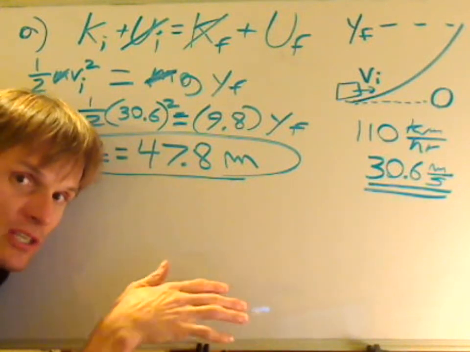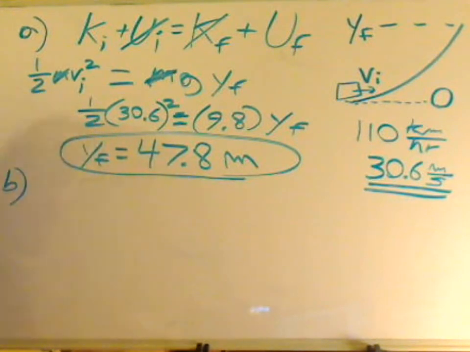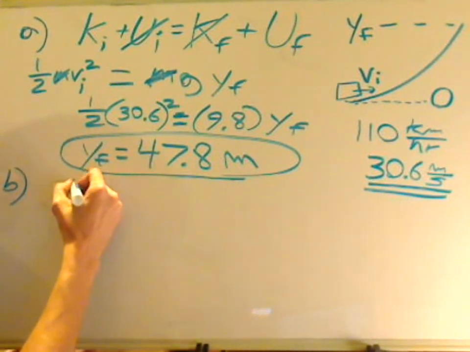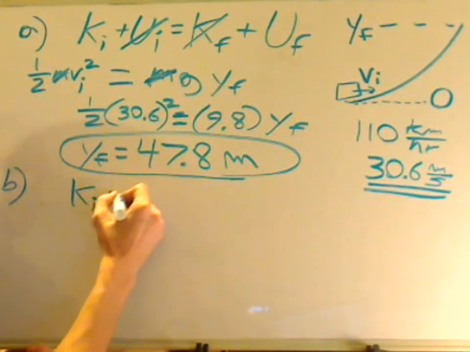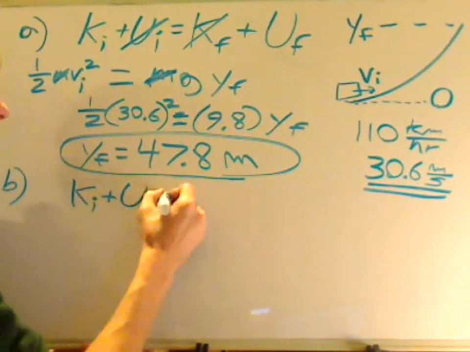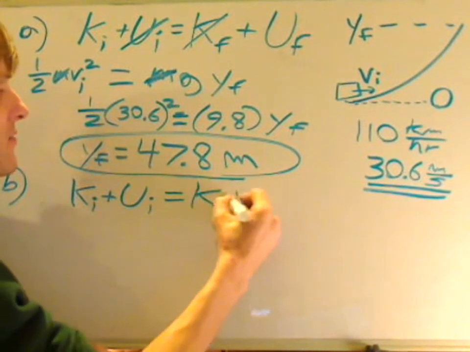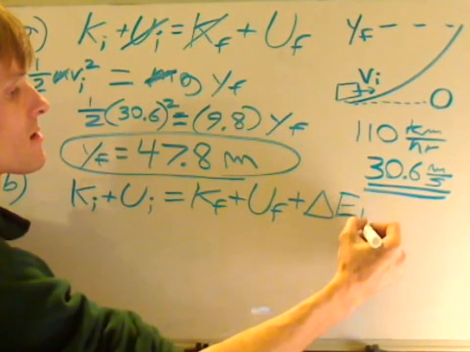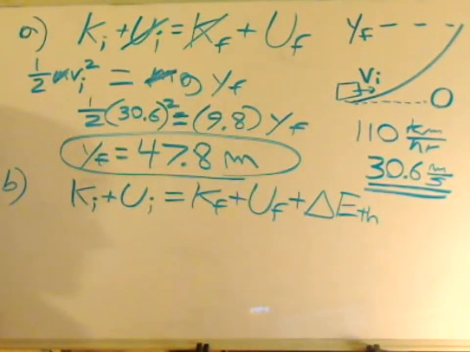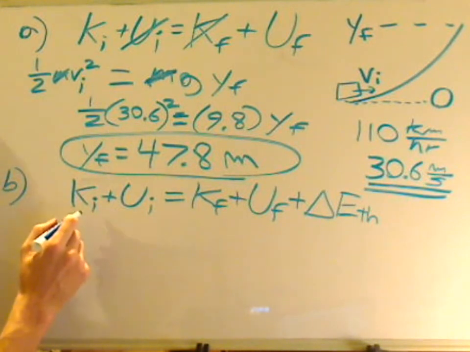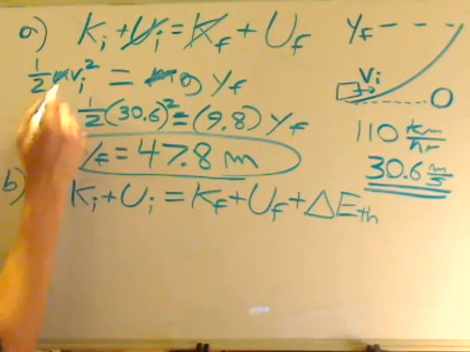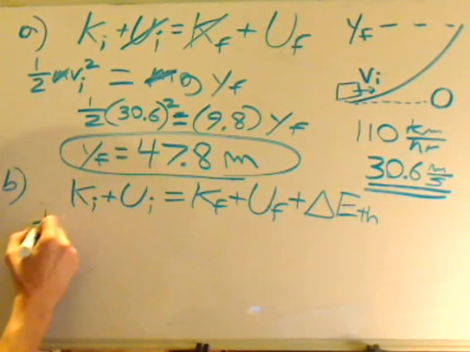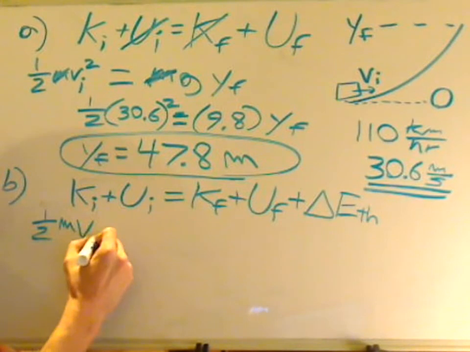So if thermal energy is allowed to change, our conservation of energy equation becomes: initial kinetic plus initial potential equals final kinetic plus final potential plus whatever the change in thermal energy is. Kinetic energy is 1/2 m v initial squared.